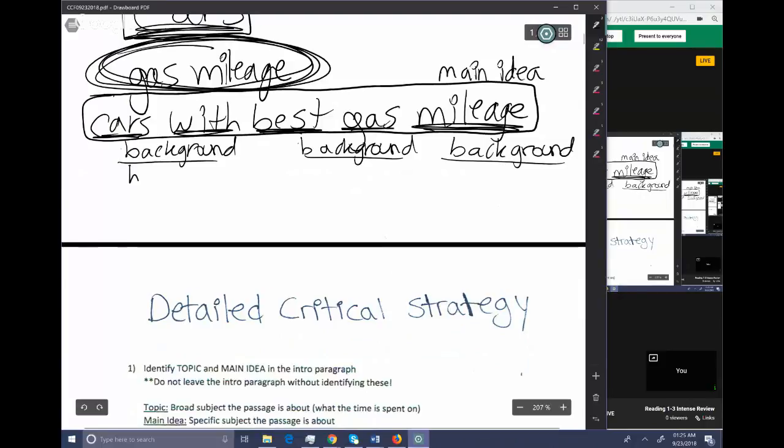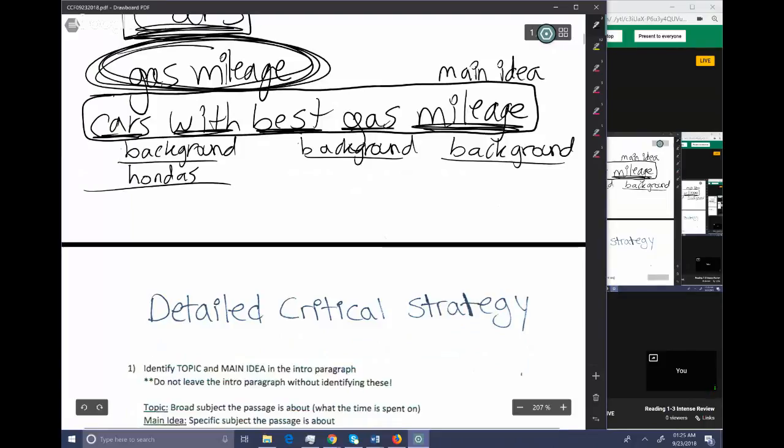Here are 3 examples. So one way that I might organize this is that my first paragraph besides my background might be about Hondas. So as a whole brand, I might talk about Hondas. Honda makes several cars that have good fuel economy. So I might talk about the way Hondas are designed, or I might give some of the numbers of Hondas and what their gas mileage is.